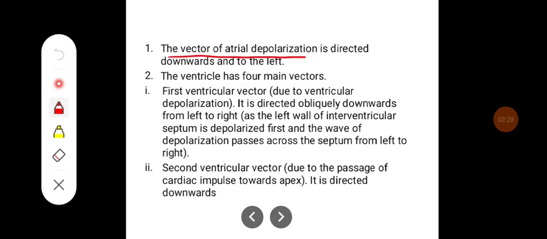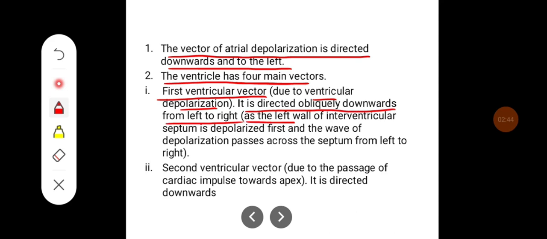The vector of atrial depolarization is directed downwards and to the left, whereas the ventricle has four main vectors. The first ventricular vector is because of the ventricular depolarization and it is directed obliquely downwards from left to right, as the left wall of the interventricular septum is depolarized first and the wave of depolarization passes across the septum from left to right.